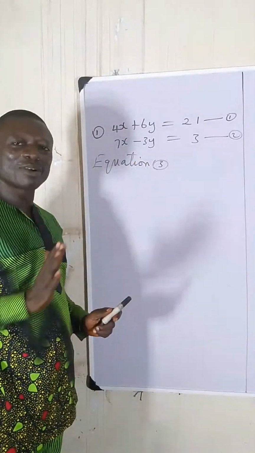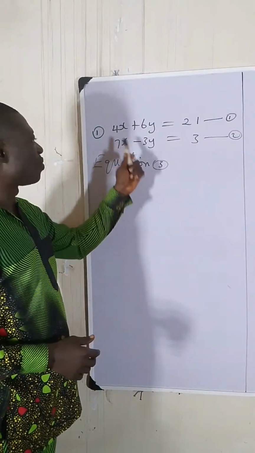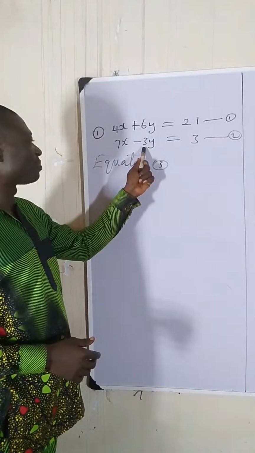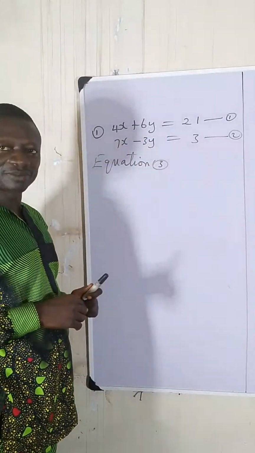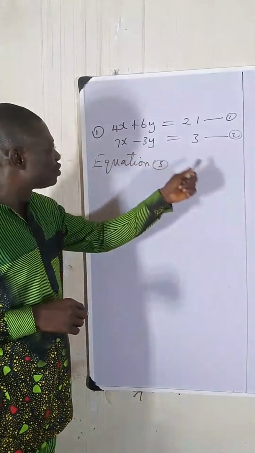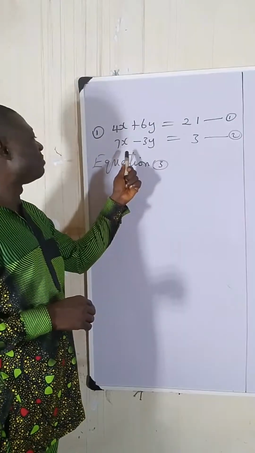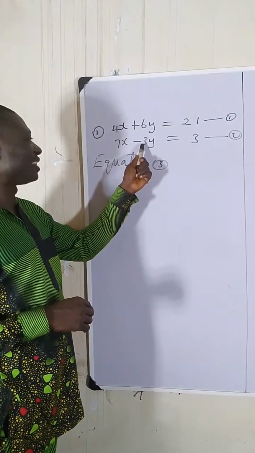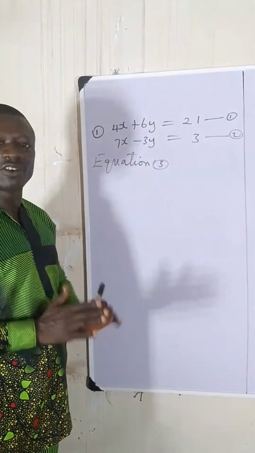No, we don't care about the sign. Because of the 3 we have here. If equation 1 is times 3, we are sure that this 6 will be times 3. And equation 2 times 6. If equation 2 is times 6, it means that this will be times 6. And so we are using that fact to create equal coefficient for y.